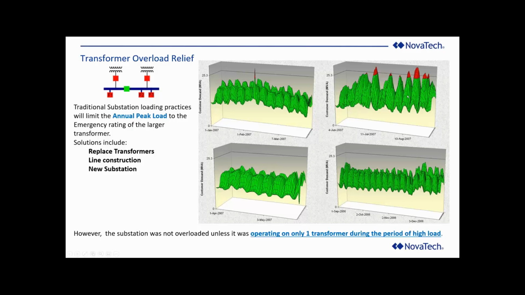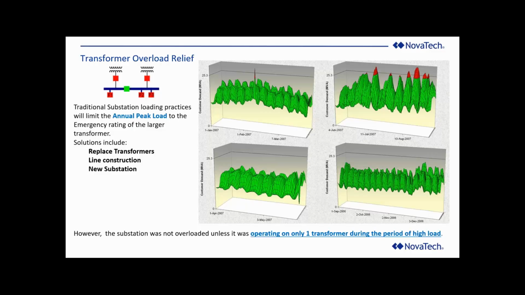Same thing happened in the summertime, happened much more frequently, that we had this high load, but again, we didn't have a problem unless we were operating the substation on a single transformer.